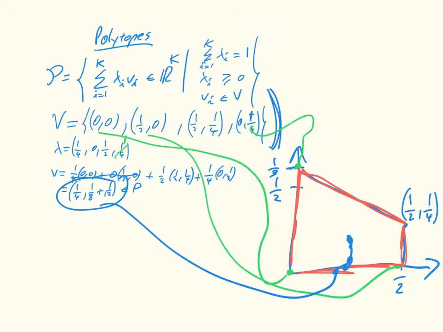And indeed any point in this set is a point inside here, or indeed on the boundary. And what these points here are called, they are the vertices. Here we've defined our polytope based on the vertices, and what we'll see shortly is that there's another way to define the polytope, and then from that get the vertices.